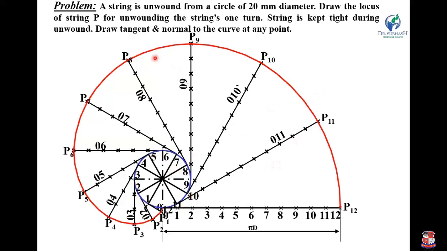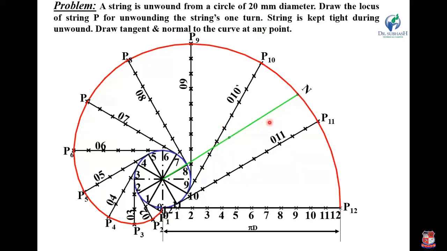Now we have to draw the tangent and normal at any point. Say for example, we have to draw the normal and tangent at this point N on this curve. For that, join this N with the center of the circle. Now find the midpoint of this line and take this midpoint as the center.